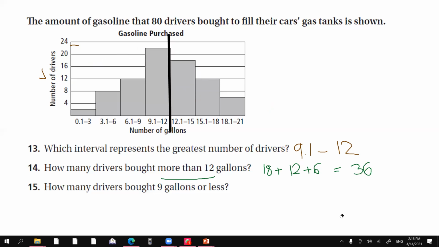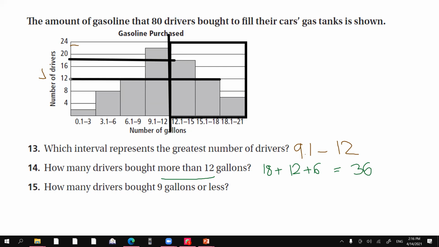Now more than means I'm talking about this part here. So how many drivers do we have? We have 18 plus 12 plus 6. Then the answer will be 36.